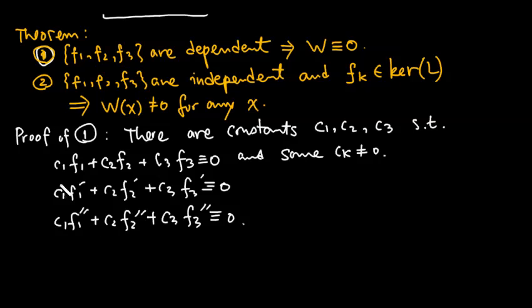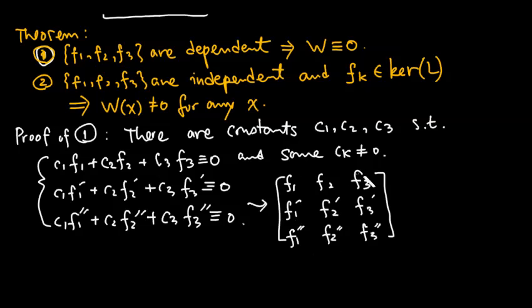Key thing is that we can look at this as a system of linear equations with C1, C2 and C3 as variables. If you write it in matrix form, F1 is a function, and F2 and F3. If you look at this matrix in here, and C1, C2, C3 are multiplied there, this is the definition of the matrix multiplication, and it is equal to a 0 vector, so it's 0, 0, 0.